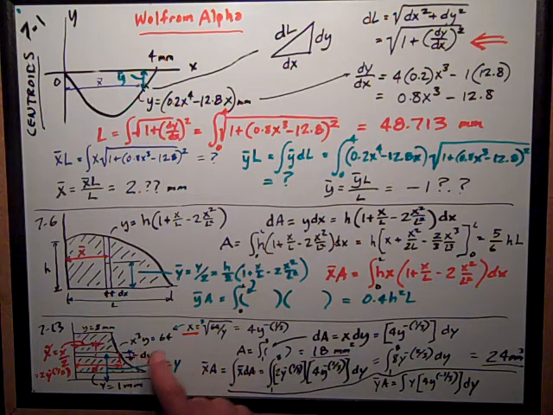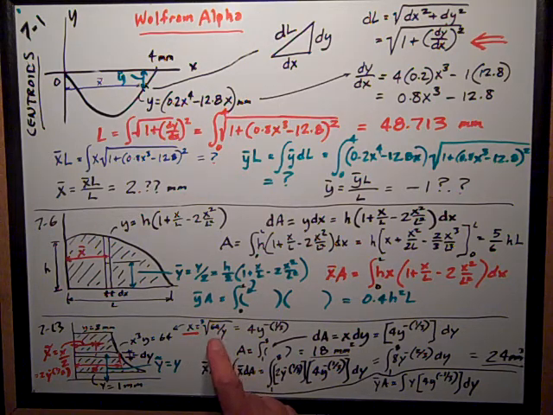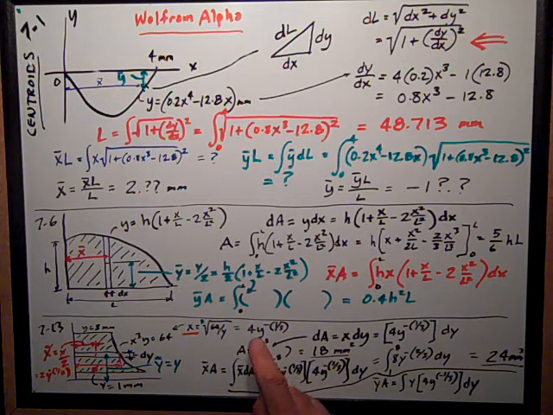I rewrite this expression, x cubed y equals 64, as x equals the cube root of 64 over y. The cube root of 64 is 4, and y on the bottom can be written as y to the negative 1/3 power. Review your algebra expressions if you need to.